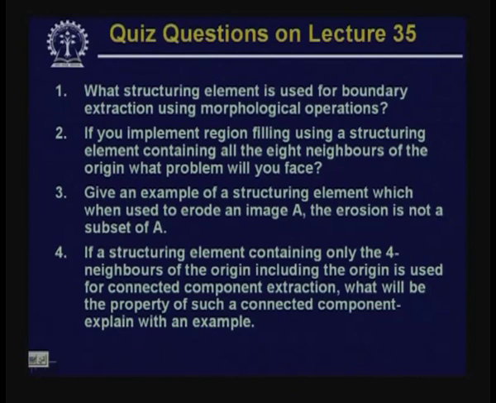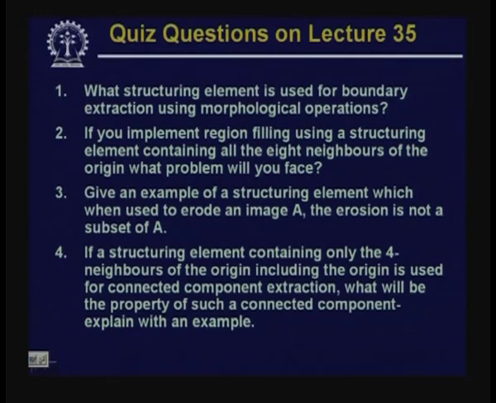The second question: if you implement region filling with a structuring element containing all the 8 neighbors of the origin, then what problem will you face? The third question: give an example of a structuring element which, when used to erode an image A, the erosion is not a subset of A.